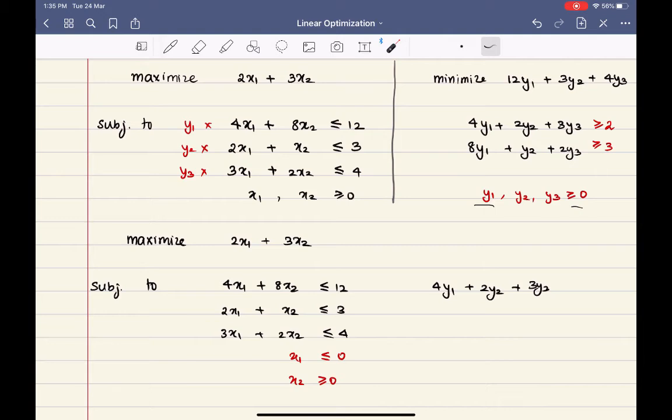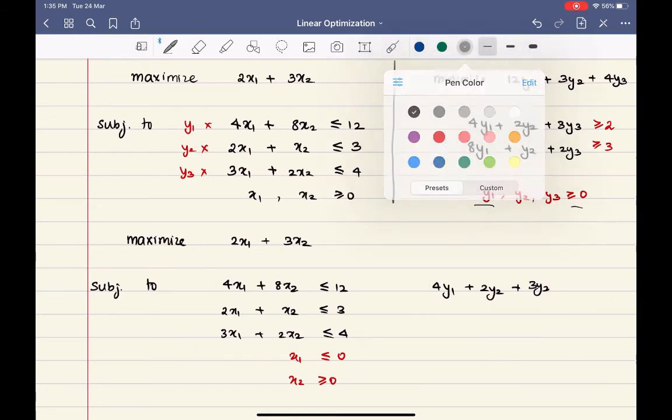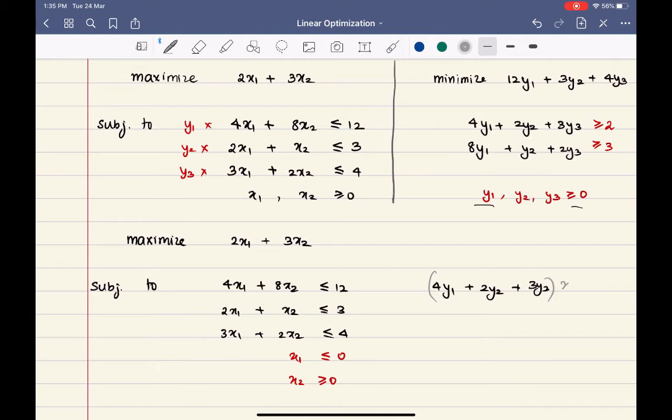But now when x1 is negative, we want this times x1 to be bigger than or equal to 2x1, and when x1 is negative, the required inequality will happen only when this thing is at most 2.